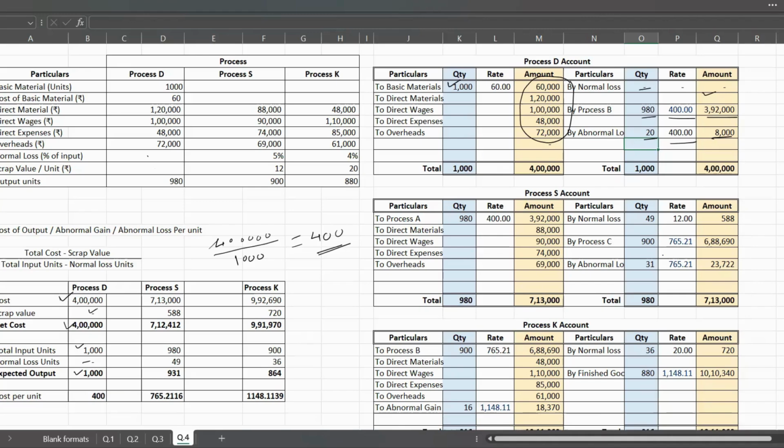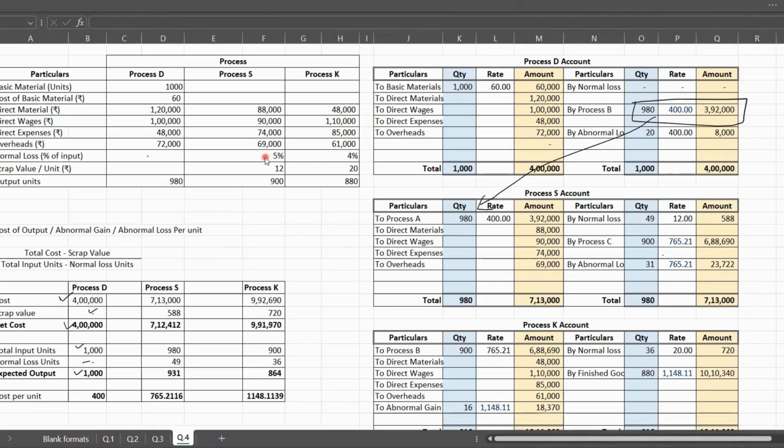Coming to second process, all these values of process 1 which are transferred to next process will be debited. Then all other expenses, all our expenses 88,000, 90,000, 74 and 69, all these expenses are shown on debit side.